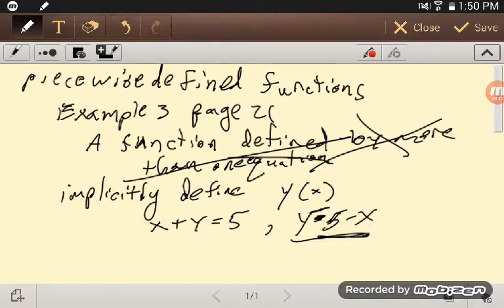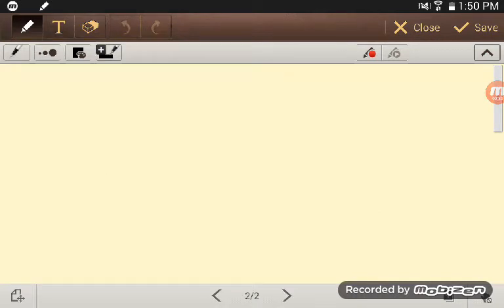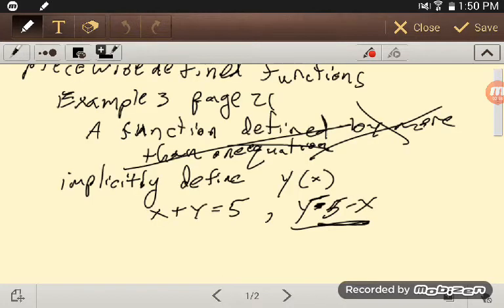X is still implicitly defined as a function of y. So this idea of mixing the language of equation and function definition, they are different things.